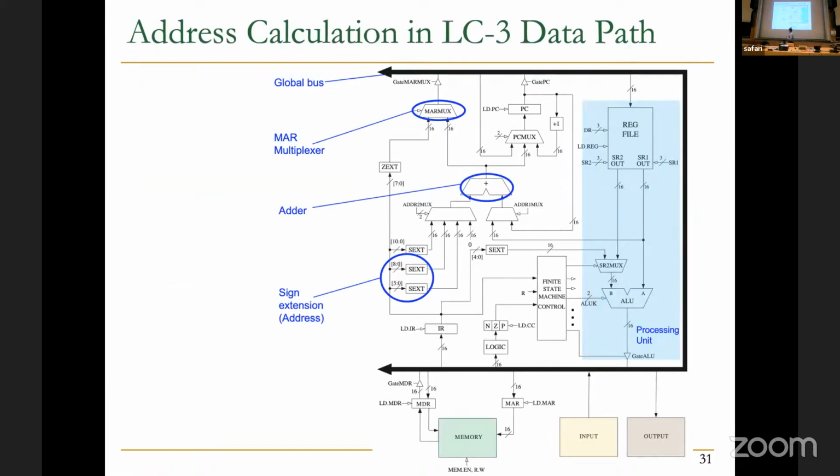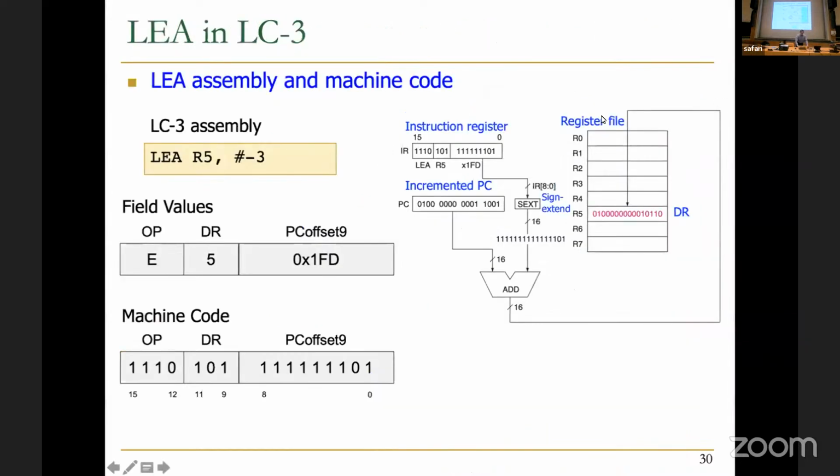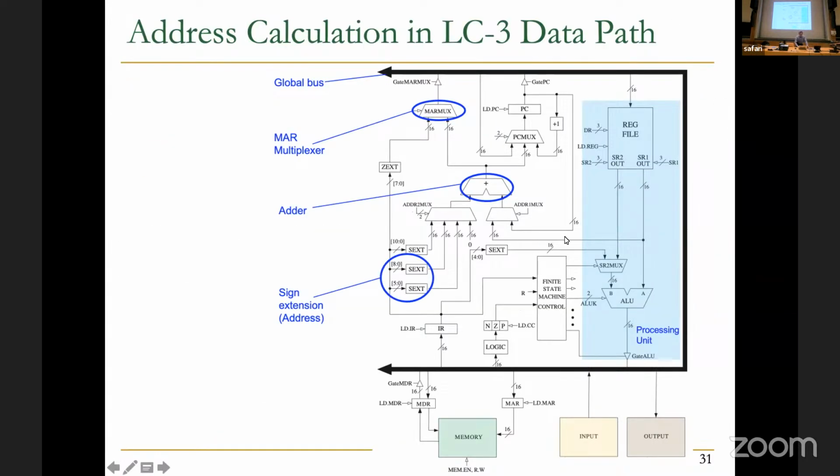Because the person who designed this data path assumed that PC is incremented in an earlier clock cycle.